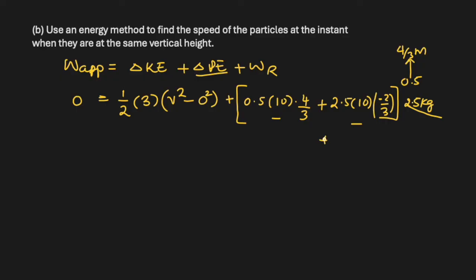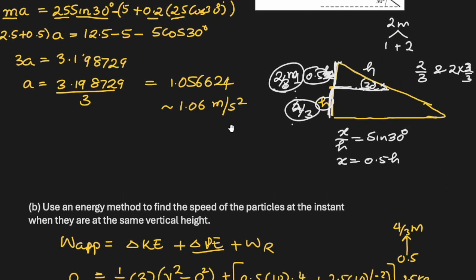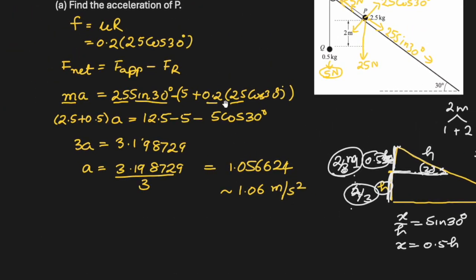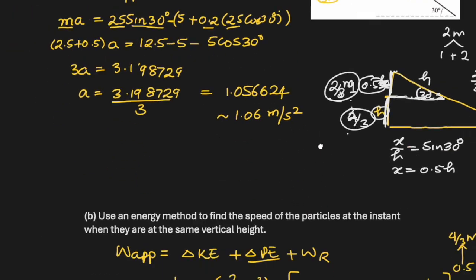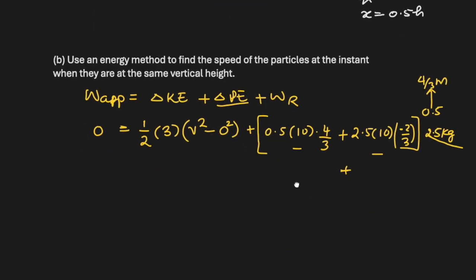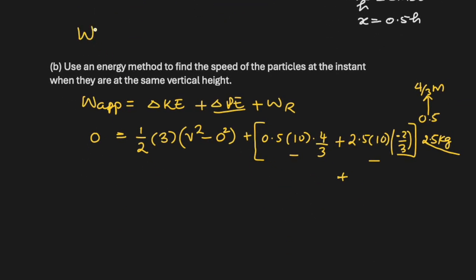And then we have work done against resistance. The resistance is the frictional force, which was here 0.2 times 25 cos 30. So we know work done is force times distance, right? So how much distance has that particular body moved because of friction?